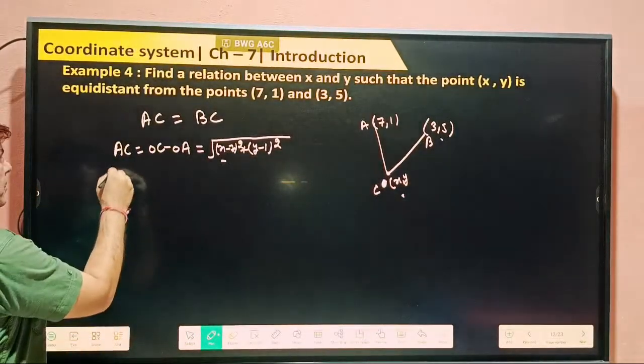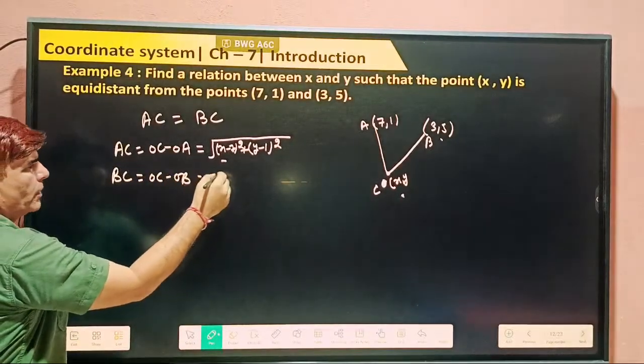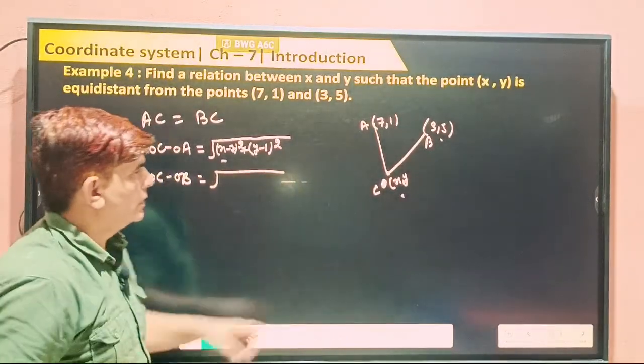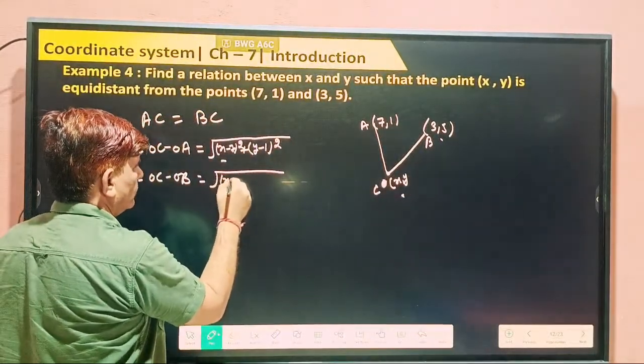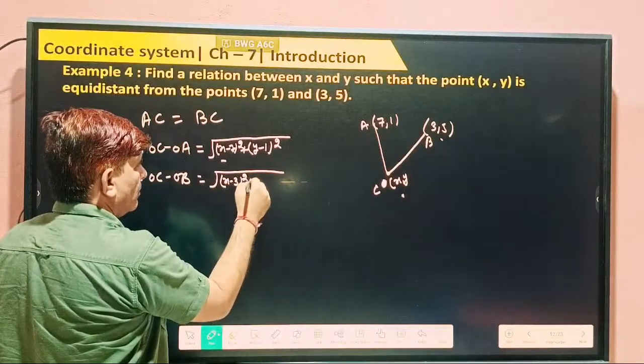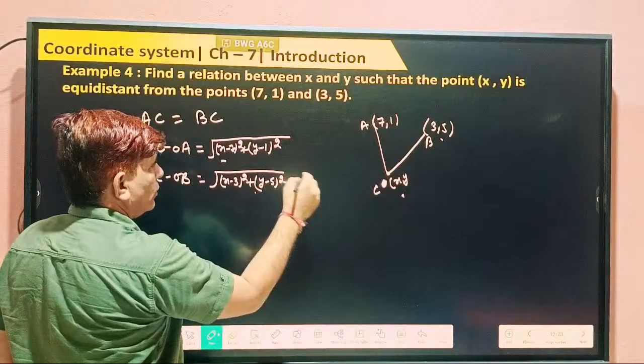Understood? BC equals OC minus OB. So what's this? C is this, x minus 3 whole square plus y minus 5 whole square.